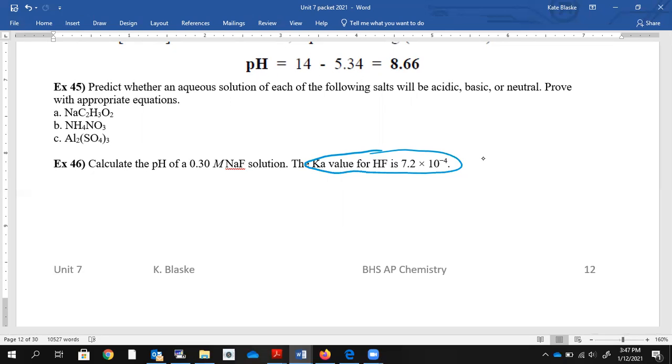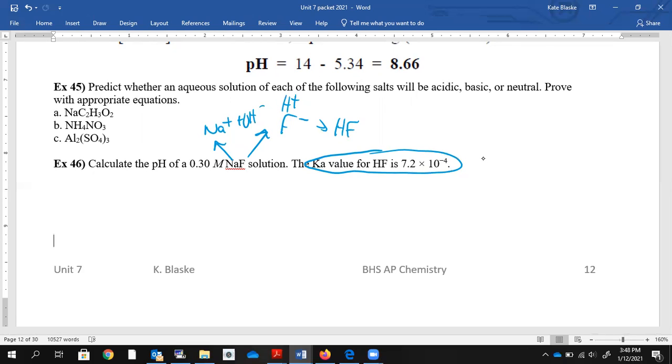Again, if you're not sure what to look for, if we break up that salt, we're going to have sodium plus and F minus. If I have a hydroxide on that sodium, that is a strong base, sodium hydroxide, that is not going to influence my pH. But if I add a proton onto fluoride, HF is a weak acid, which is going to influence my pH.